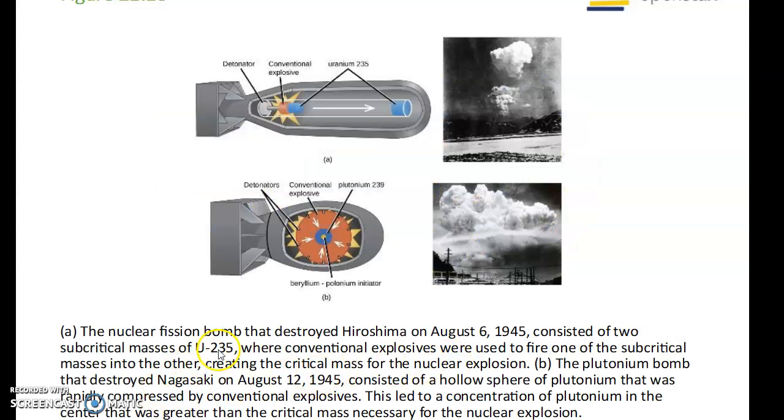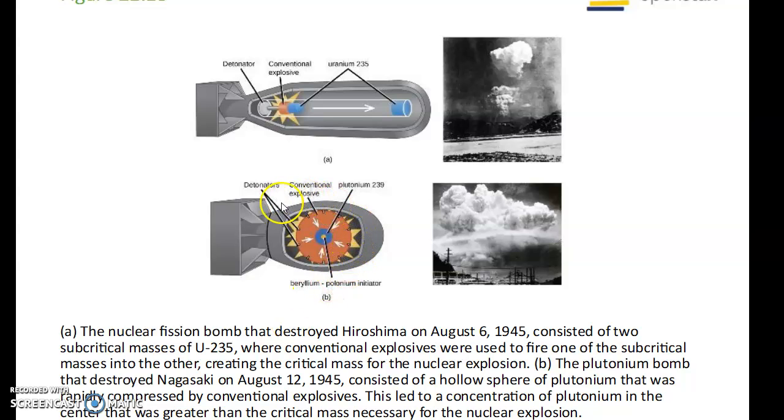The nuclear fission bomb that destroyed Hiroshima on August 6, 1945, consisted of 2 subcritical masses of U-235, where conventional explosions were used to fire one at the other one, creating a critical mass for the nuclear explosion. The plutonium bomb that destroyed Nagasaki on August 12th consisted of a hollow sphere of plutonium that was rapidly compressed by conventional explosives.